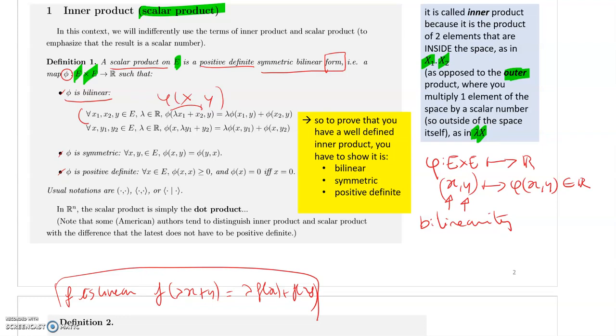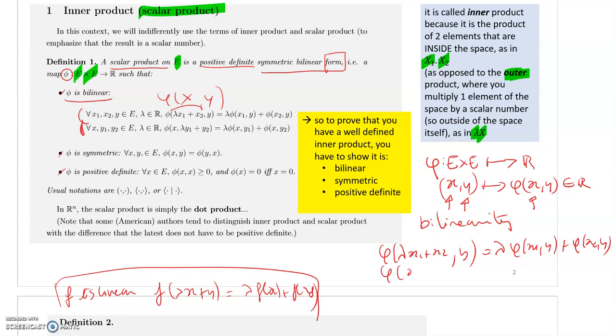its arguments, meaning it has to be linear if I put a linear combination in the first argument, so phi of lambda x1 plus x2, with the second argument being whatever y. That will be lambda phi of x1 y plus phi of x2 y. And exactly the same thing in the second argument.